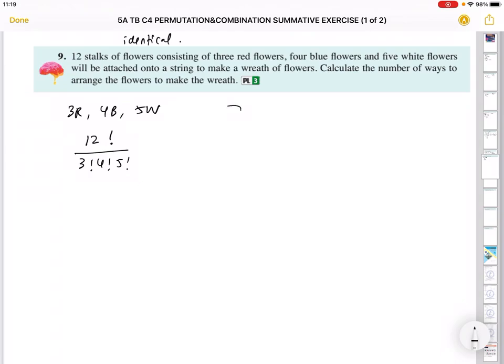Let's say 1, 2, 3, 4, 5, 6, 7, 8, 9, 10, 11, 12. You can put it here, here, here, in a circular manner. So you're going to divide by 12. When you divide by 12, you can write 12 minus 1, which is 11 factorial, as I've shown you earlier.